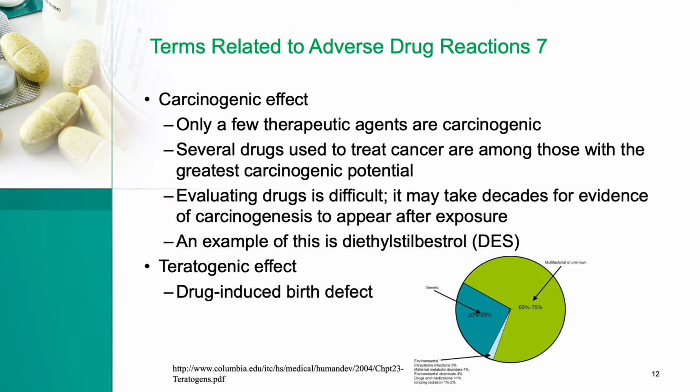Teratogenic effect is a drug-induced birth defect. A common example is isotretinoin, which is used for severe acne. That causes severe teratogenic effects such as serious craniofacial, cardiovascular, thymic, and central nervous system malformations.